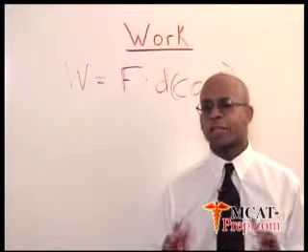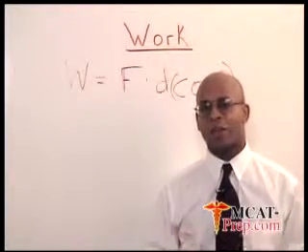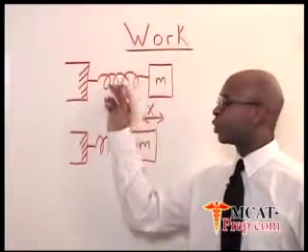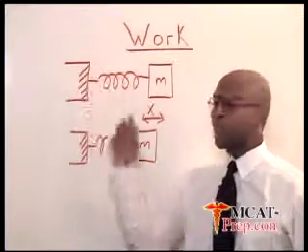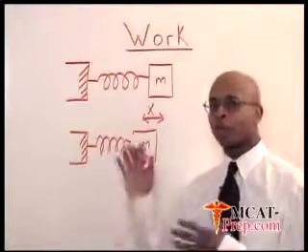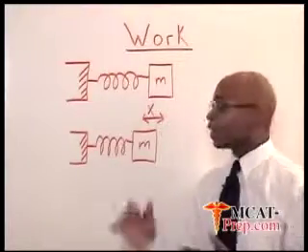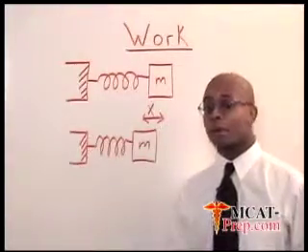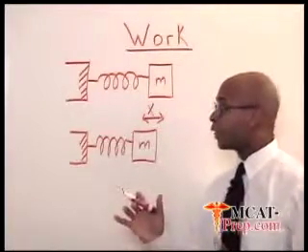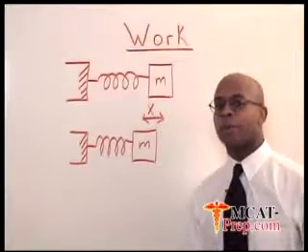Now we're going to look at Hooke's law and how that applies to work. Here we have a mass attached to a spring, and the spring is attached to a wall. Now we're going to look at the motion associated with this system. We call this motion periodic motion or simple harmonic motion. Nonetheless, there is work associated with this system.